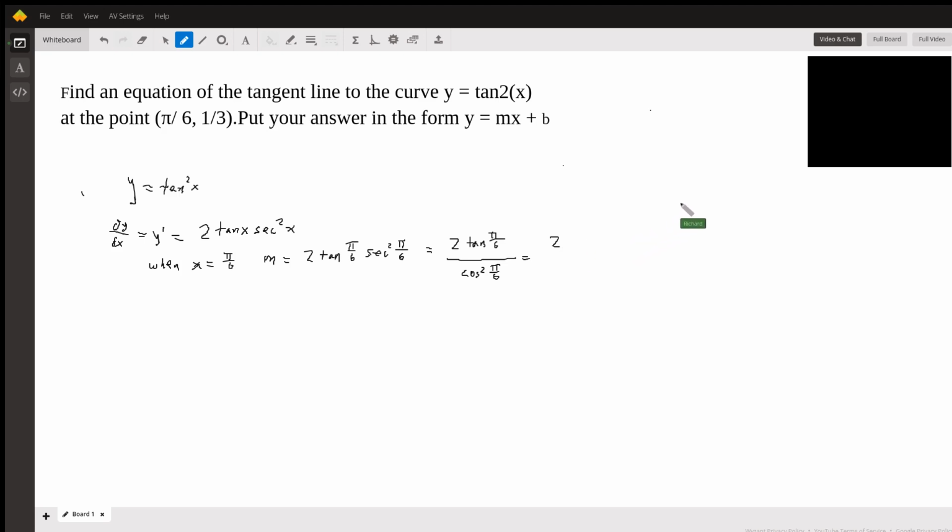It's going to be 1/2 over square root of 3 over 2. And so that simplifies to 1 over root 3, or root 3 over 3. So we're going to put root 3 over 3 here. And the cosine of pi over 6 is root 3 over 2.